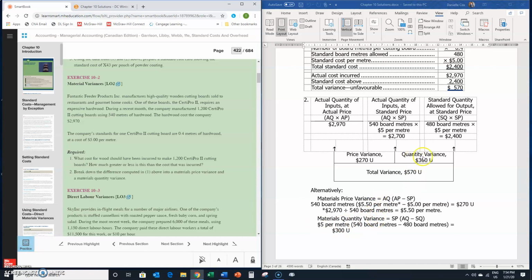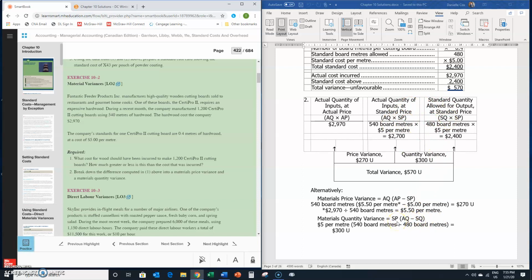Materials quantity variance, which is what we looked at in this last half of the calculation up here, is standard price, again, which is the same variable here in both, times actual quantity minus standard quantity. So it's kind of just taking this and re-putting it into a formula.